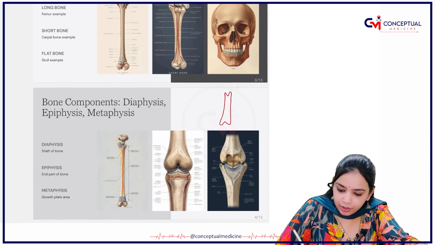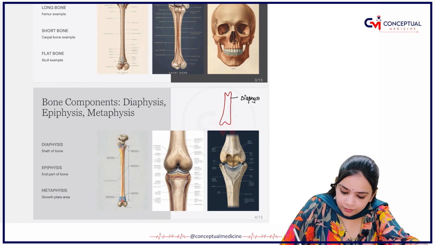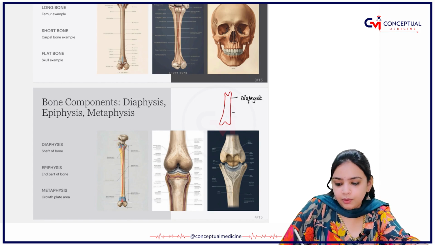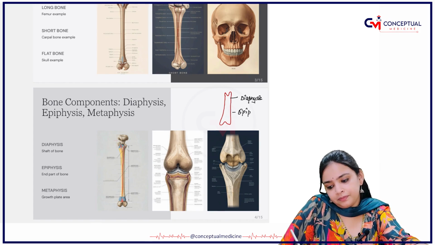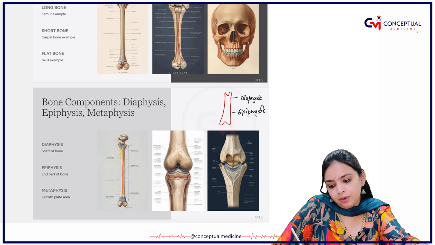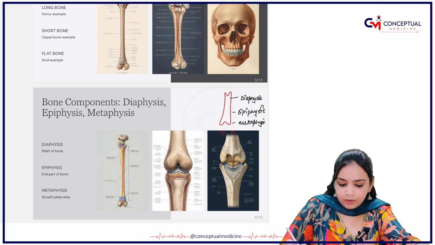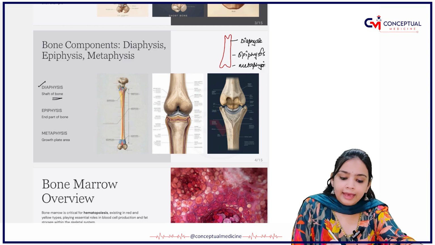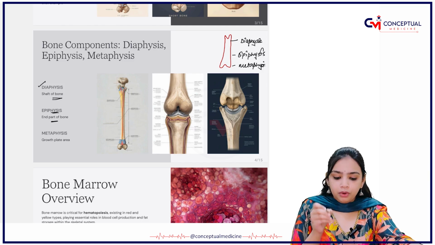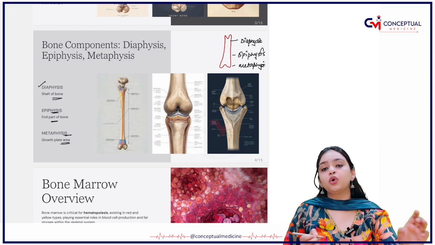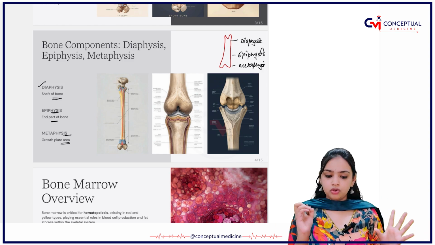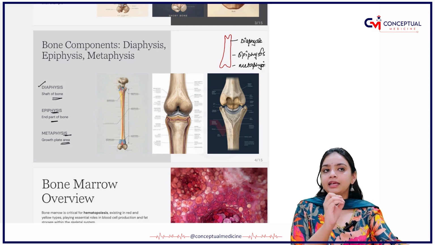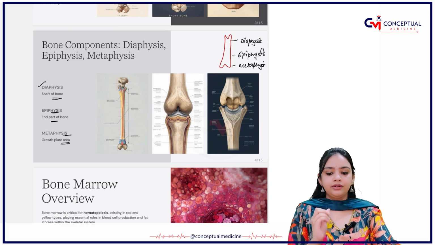First one is your diaphysis, then you have the epiphysis, and you have the metaphysis. Diaphysis is the shaft of the bone, epiphysis is the end part of the bone, and metaphysis is the growth plate area of the bones. Any defect in that area will lead to growth failure, right?